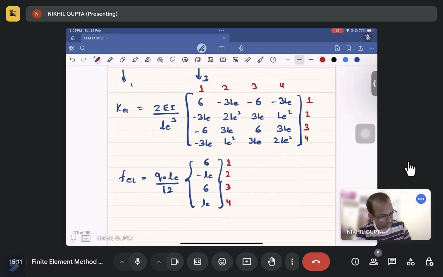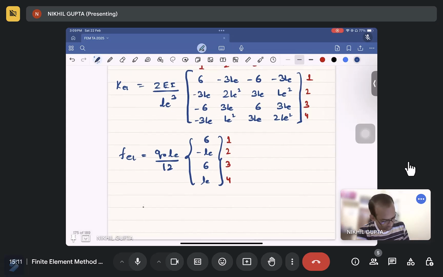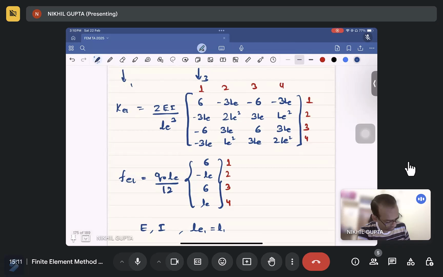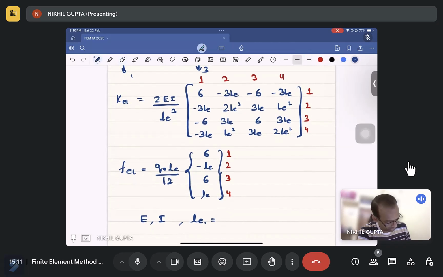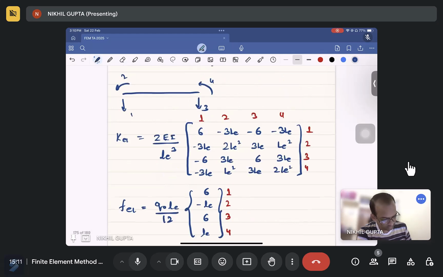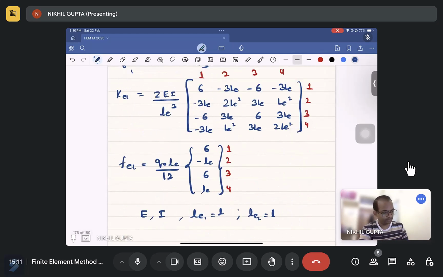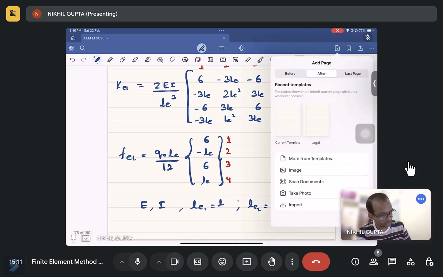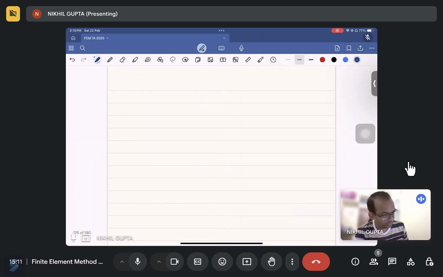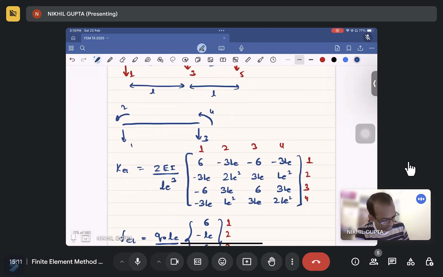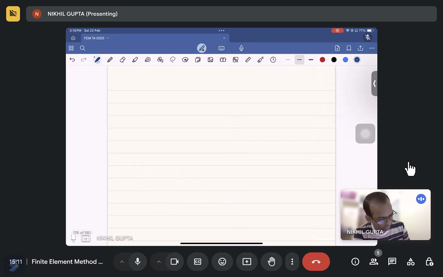Now you know that the full beam has E and I constant. Element 1 has length L, and element 2 also has length L. Both are beams of length L. So now we'll put L into the main matrix as the equivalent length.